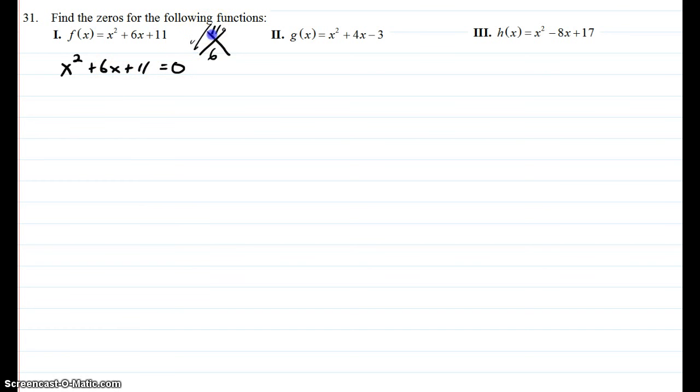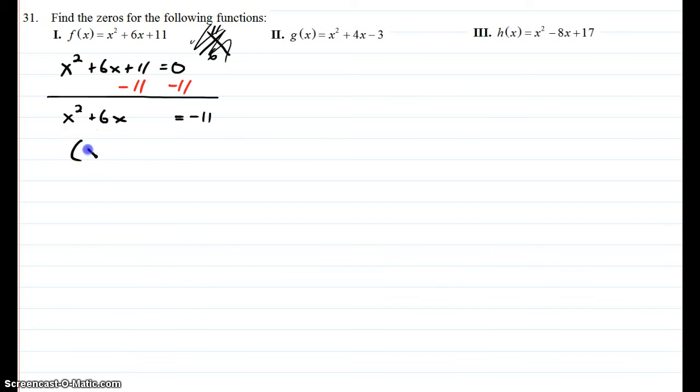So that doesn't work. So now, since there is a 1 in front, and the middle term is even, I'm going to complete the square. So I'm going to subtract the 11 from both sides. So we get x squared plus 6x equals negative 11.